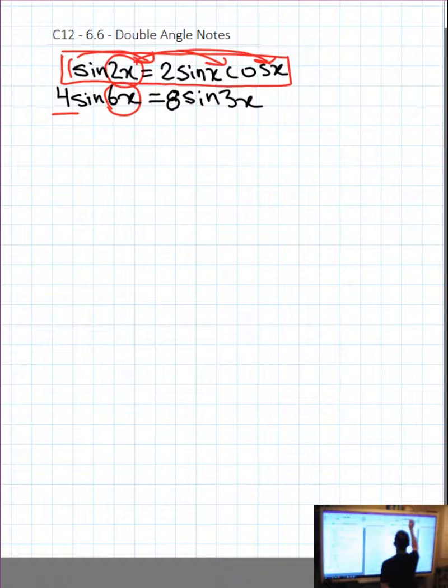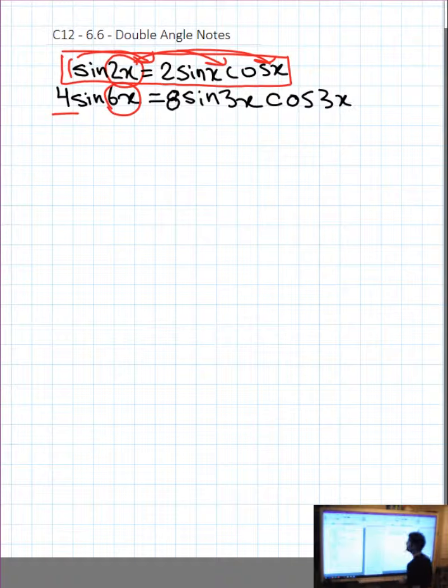I'm going to circle my final answer. And we have to add a cosine of that same half angle, cosine of 3x. So once again, double the number in front, half the angle and add a cosine. It has to look exactly like the pattern from above.